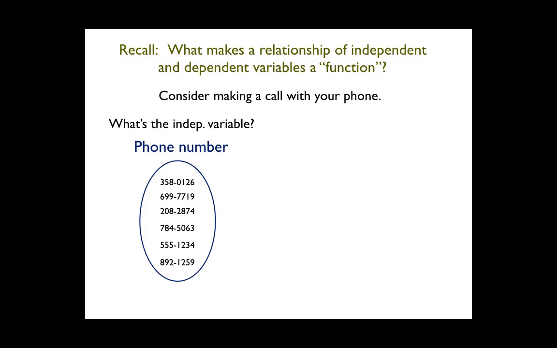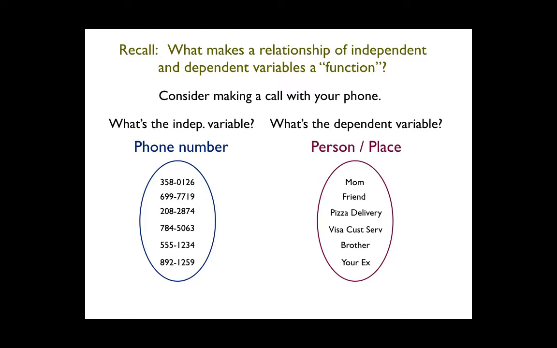What would be the dependent variable? Dialing one of these, or pushing the symbols for these, would get what? Well, you'd get a recipient of some sort on the other end of the line, you hope, or just nobody's answering, possibly voicemail. But your hope is that you get one particular person or place or business on the other end.